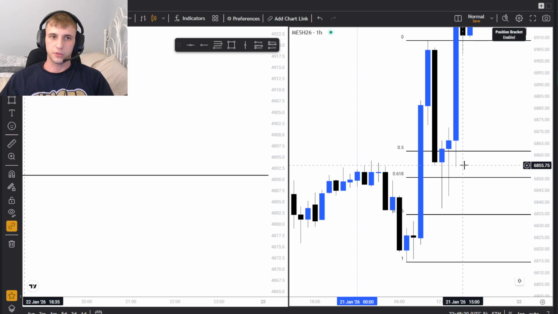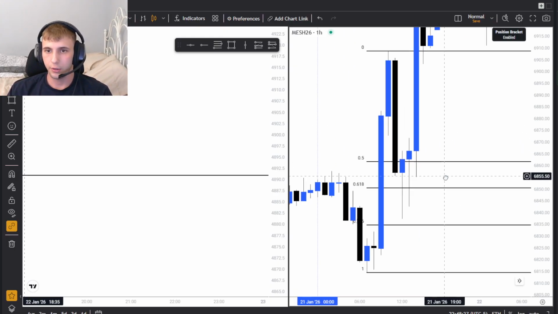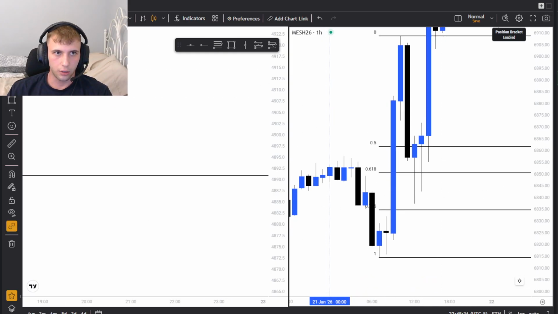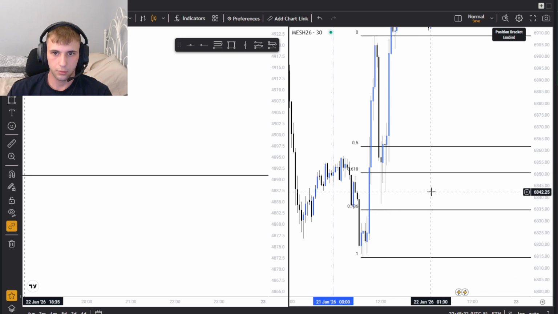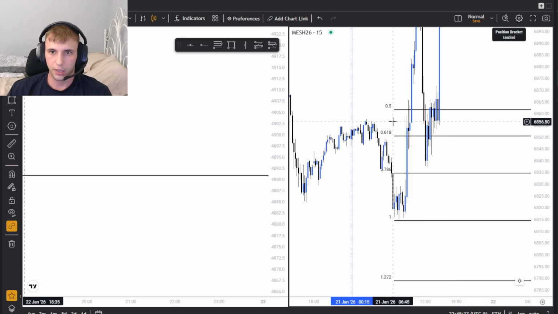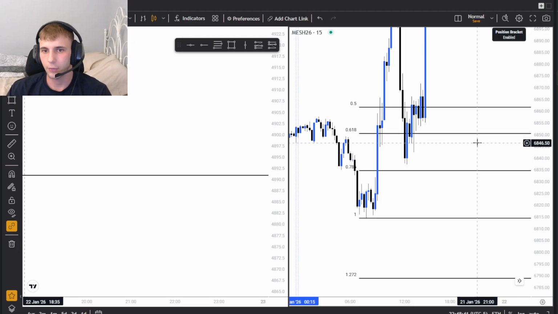Since this is technically a 4-hour move, this is a 4-hour equilibrium. So if price closes below this golden pocket, but on the 15-minute time frame, who cares?